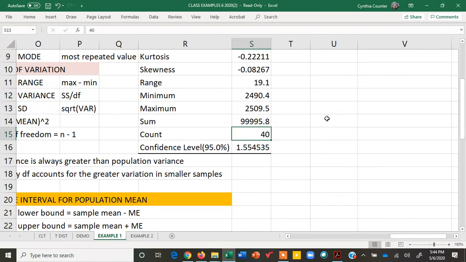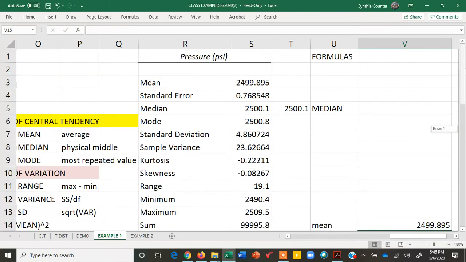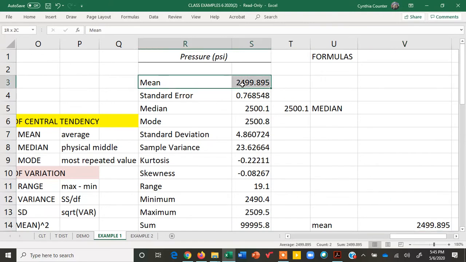So we could, if we want, compute the mean using this information, equals the sum divided by how many there are, and we get 2499.895. We come up here, and there's the mean, 2499.895. That's just what we get when we add everything up and divide by how much we have.